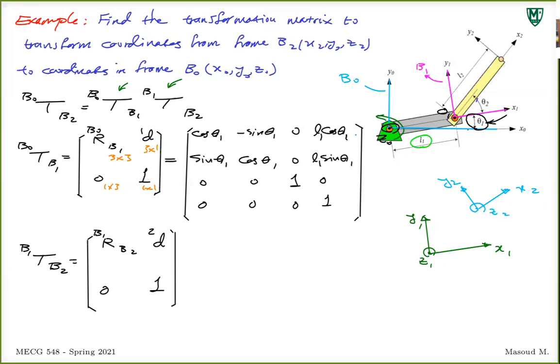Now, forget about B naught. Just look at B1 and B2, right? If this is B2, let's find the components. Now, rotation, right? If I draw this one here and connect these lines to this one, this is L2.